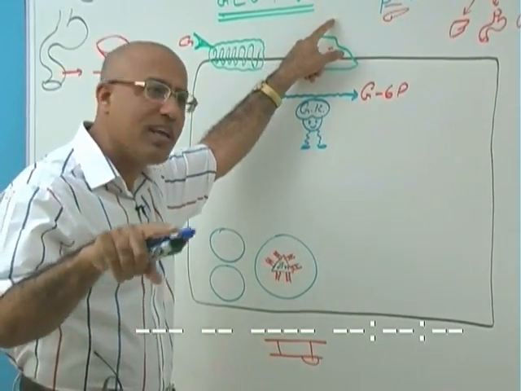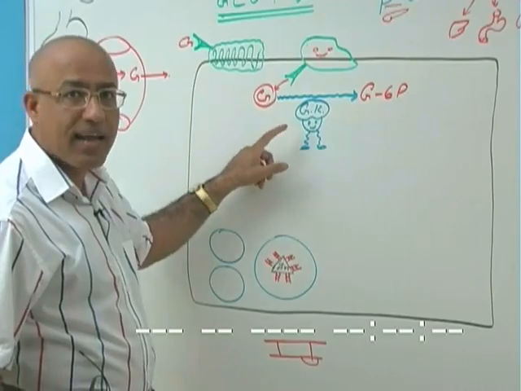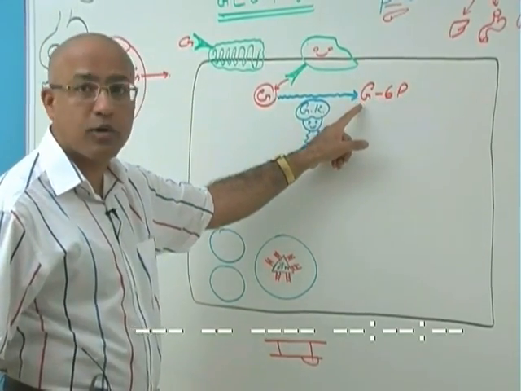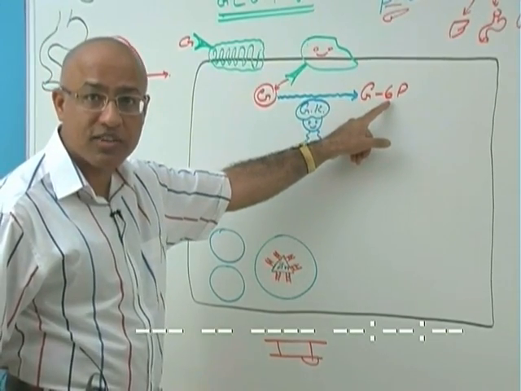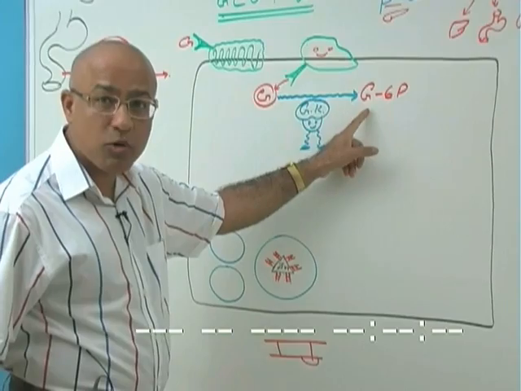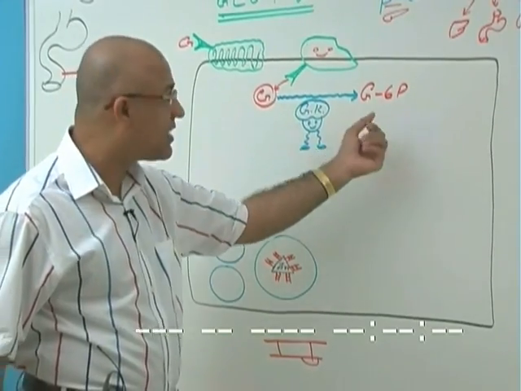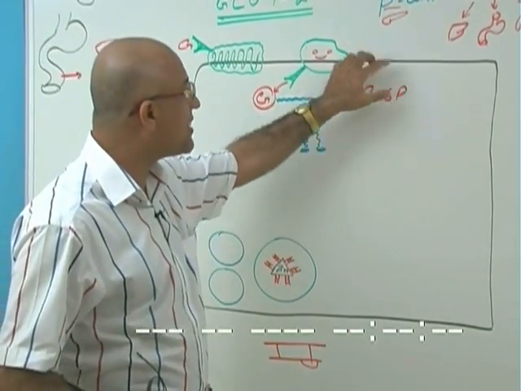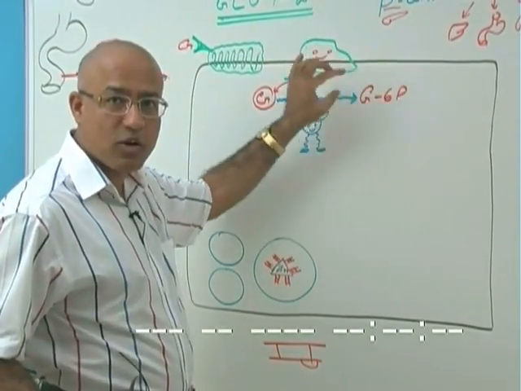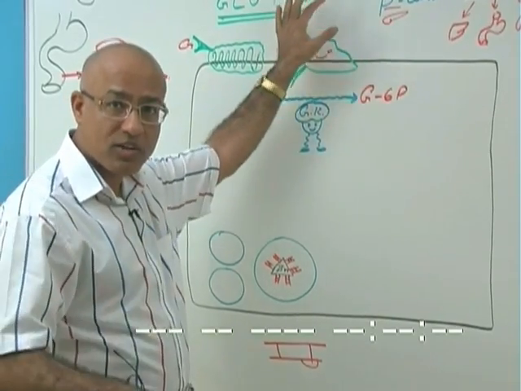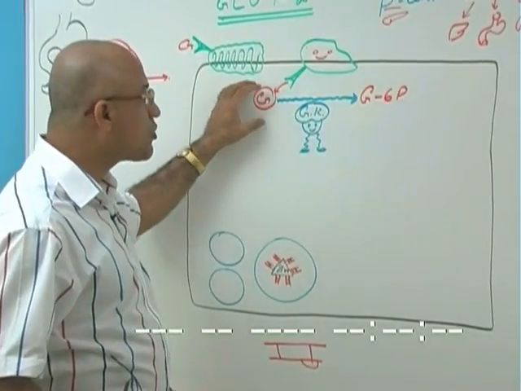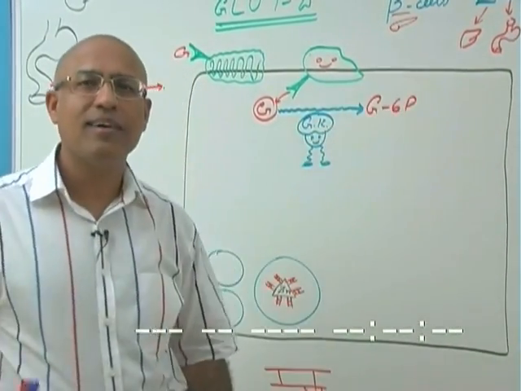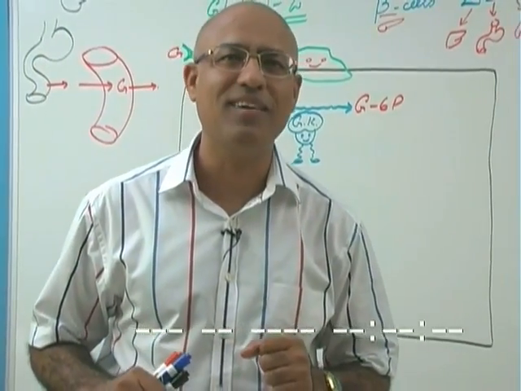But when glucokinase adds a phosphate at the 6th carbon, converting glucose into glucose 6-phosphate, the phosphate is so charged that it cannot pass through the membrane or go out through a transporter. So once glucose is converted into glucose 6-phosphate, it is trapped inside the beta cell.